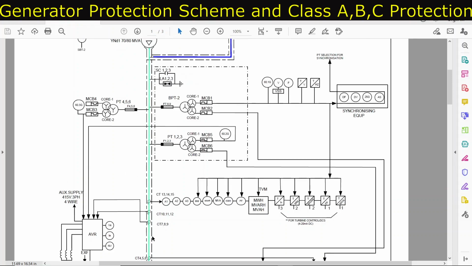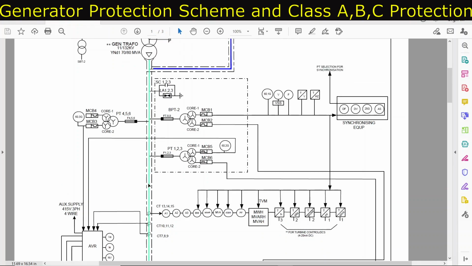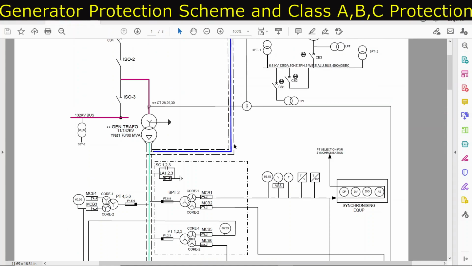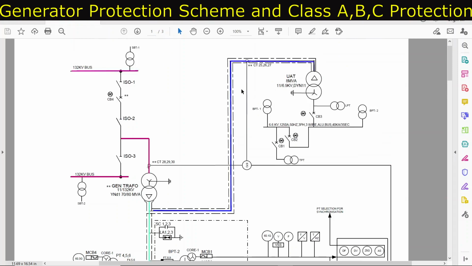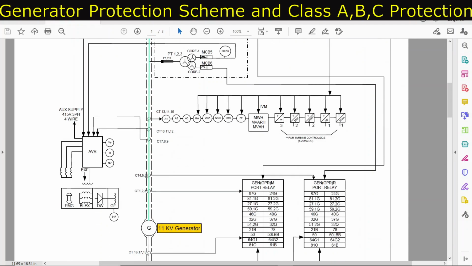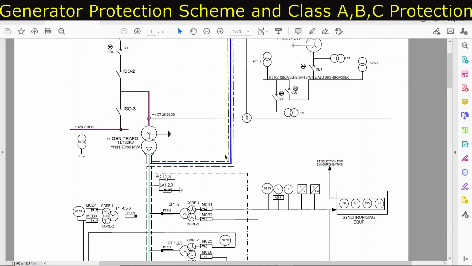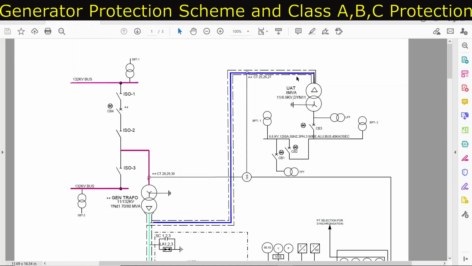And when you go further, this is the phase side of the generator. There is a parallel connection that has been taken for the UAT, unit auxiliary transformer. So the generator is generating 11 kV. If the generator generates 11 kV, then it will take a tap from the generator directly, and there is a transformer.